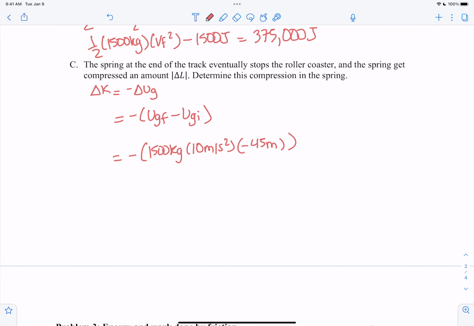Now, that'll give us what the kinetic energy is equal to, right? That's going to give us our total increase in kinetic energy, basically. So if we calculate this out, what should we get here? Let me multiply this real quick.